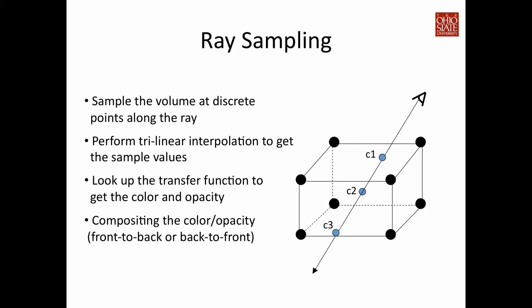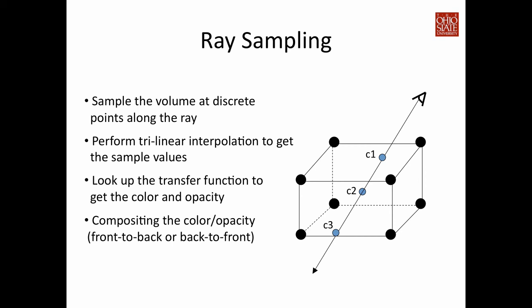Now let's move on to resampling. Just an overview. So you basically cast the ray from your camera position through the pixel center. For each pixel, you sample data point from the volume. In this example, I collect color C1, C2, C3, and I'm also going to collect opacity for each of the sample points.